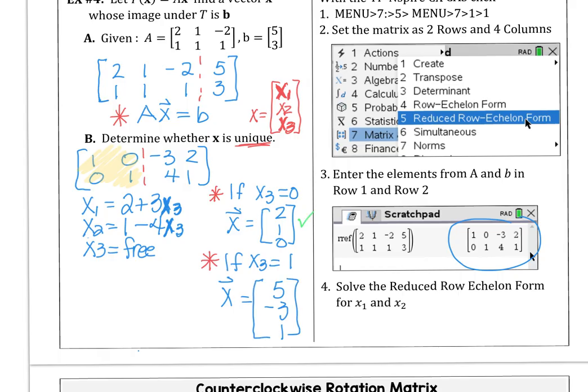If these two x bars are different, then we know that our x bar is not unique, and we have satisfied that example. And what that tells us is that there is no unique x bar, and this particular transformation would have an infinite number of solutions. You could substitute any value for x sub 3.